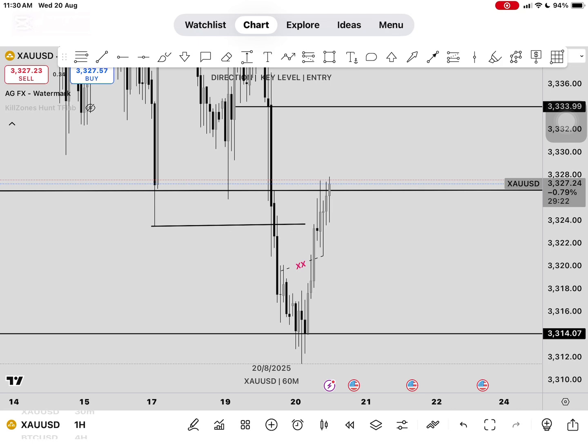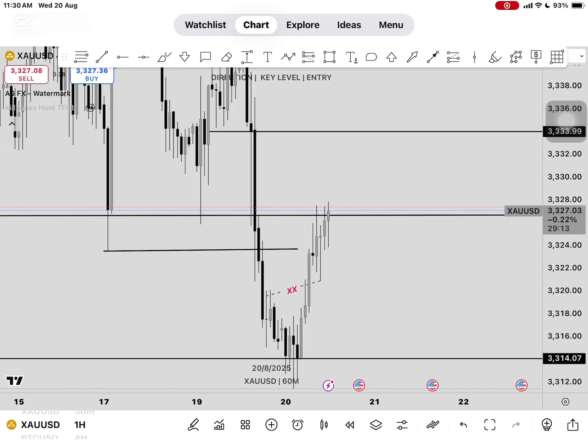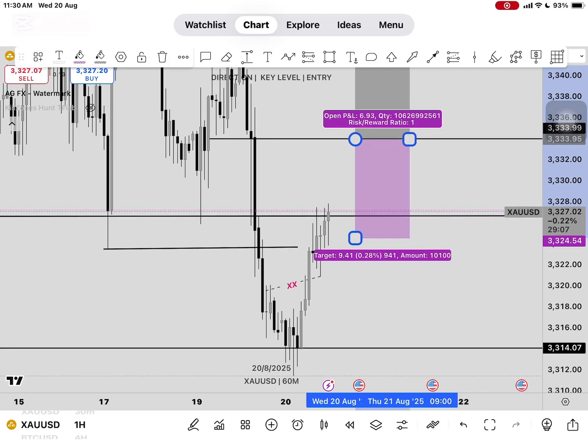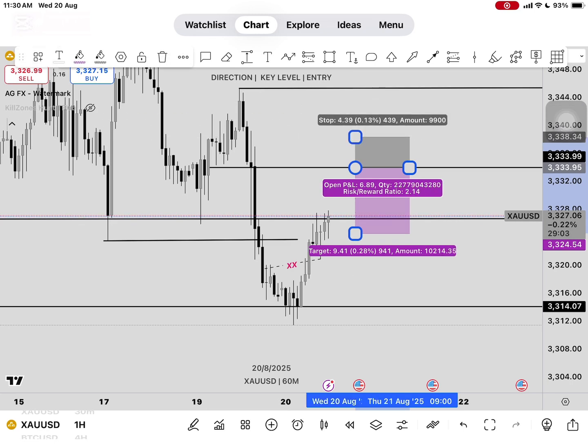So I'll patiently wait to see how price will react at this zone. If price does not give me a clear reaction at that zone, then I will go for the one above, because I trust the one above more than the one below, because it has a discounted zone. I'll wait patiently to see if the New York session will push into this zone.